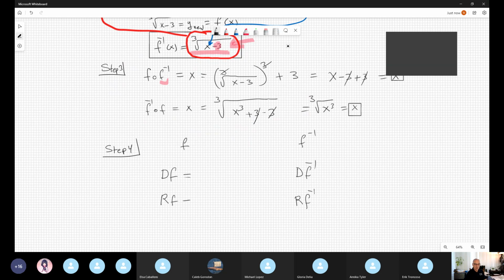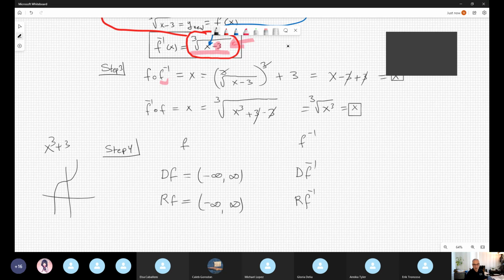It is obvious that the original function, x cubed plus 3, the domain is all real numbers. And the range is all real numbers. Only look in the graph, you can see it's clear.